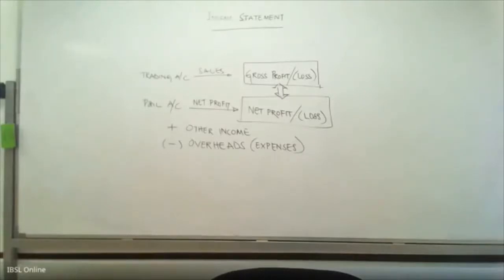Then when it comes to calculating the net profit or loss, you will start with the gross profit or loss that you have made from your core business, that is selling goods. And to that, you will add all the other income items, whatever that you may have in your business.